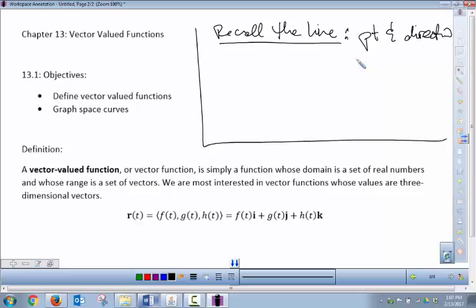Okay, what do you need for an equation of a plane? Point and normal. So for the line you need a point and a direction. Let's say your point is x naught, y naught, z naught, and your direction is, well, let's make it generic, d1, d2, d3.